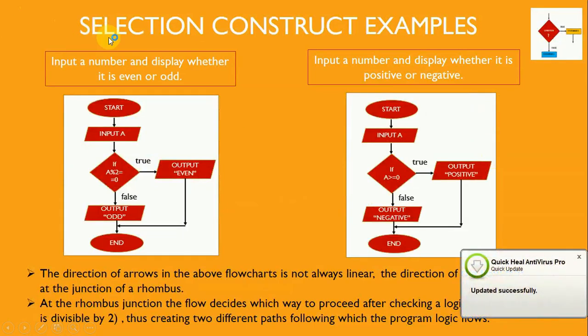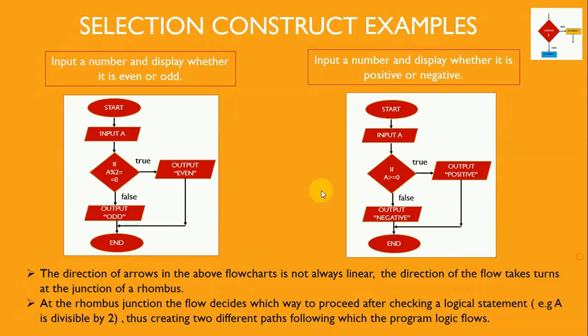So let us see a few examples of selection construct. Now the question is: input a number and display whether it is even or odd. In this case, again I will start with the start symbol, and then as I have to input a number, I'll give the statement input A. Now I have to check whether this number is even or odd.